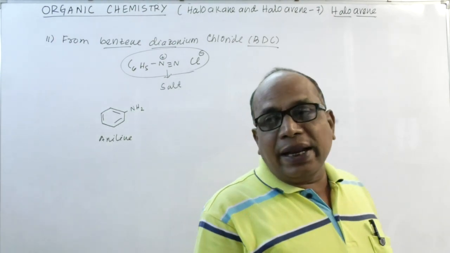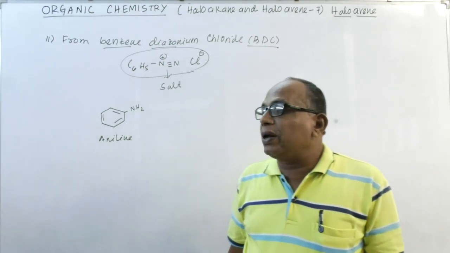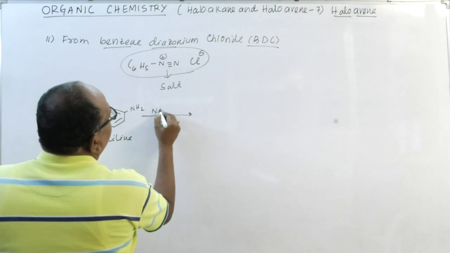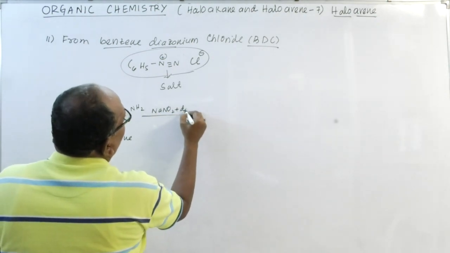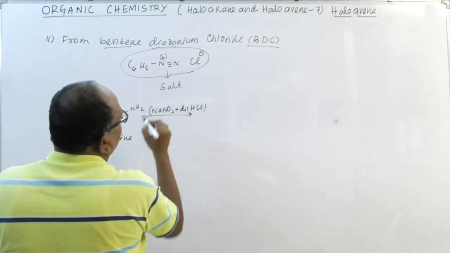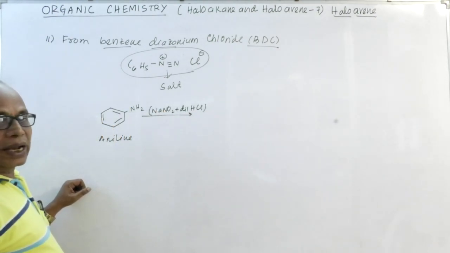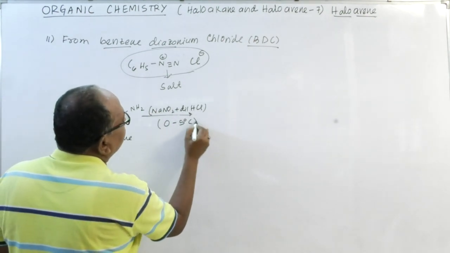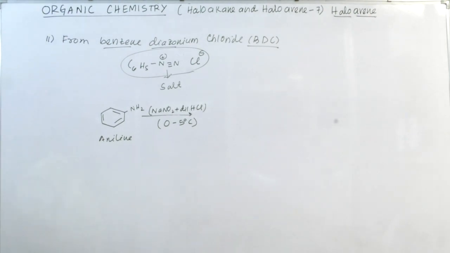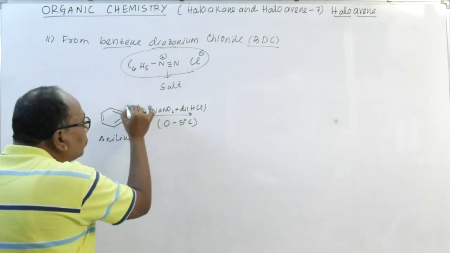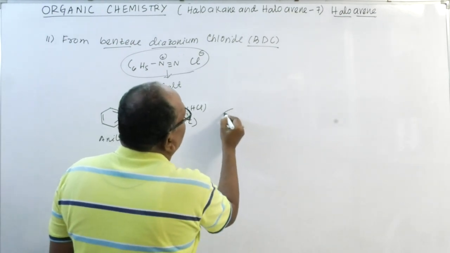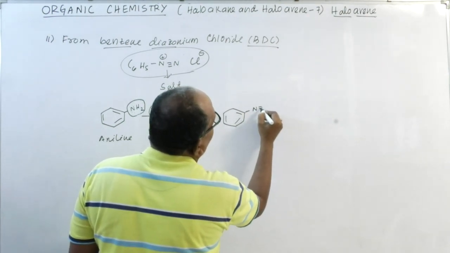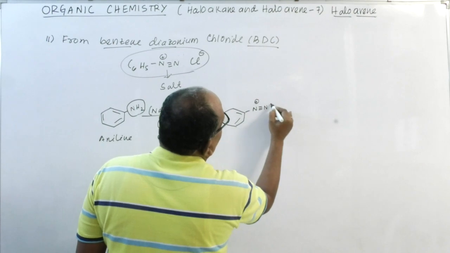So, aniline is the amino derivative of benzene, and when treated with NaNO2 plus dilute HCl at a temperature of 0 to 5 degrees C, this group changes to the diazonium group, the N double bond N plus Cl minus.